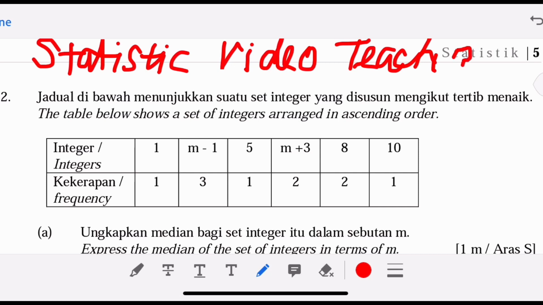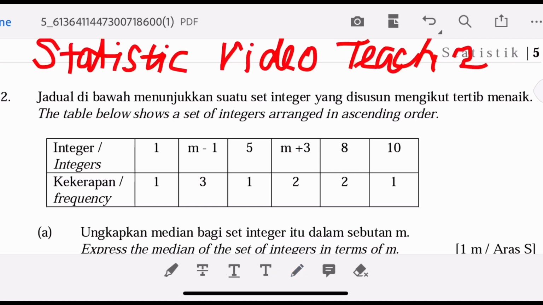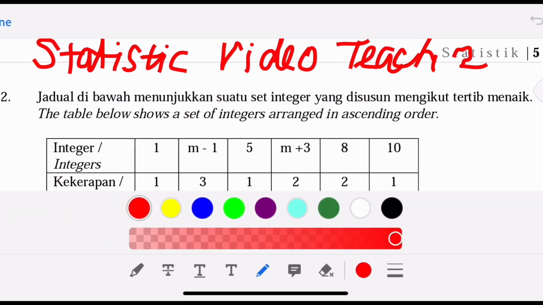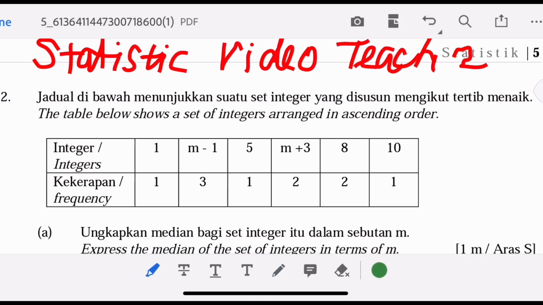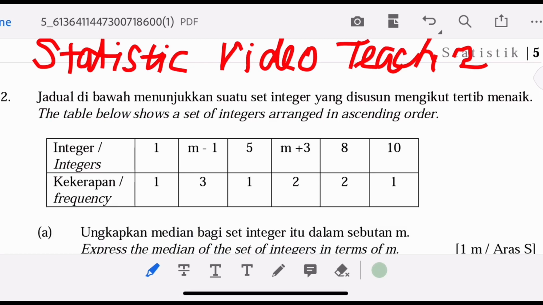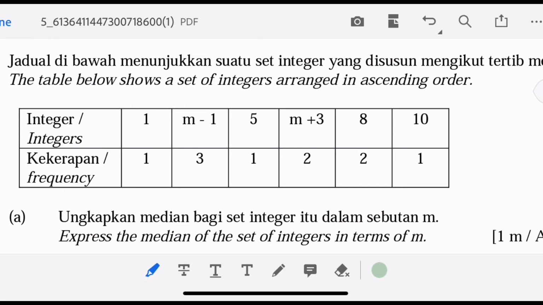So have a look at the table. You have the integers 1, m minus 1, 5, m plus 3, 8, 10, and the frequencies are 1, 3, 1, 2, 2, 1.